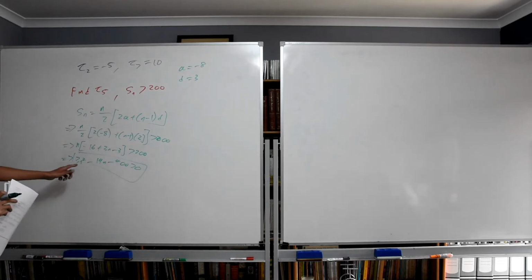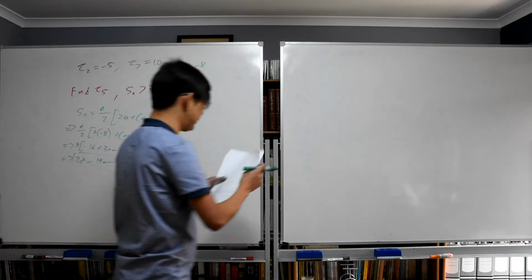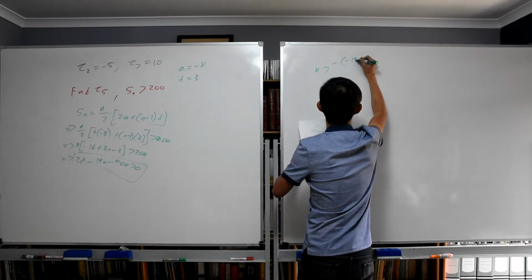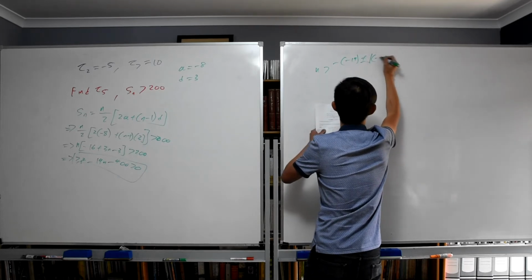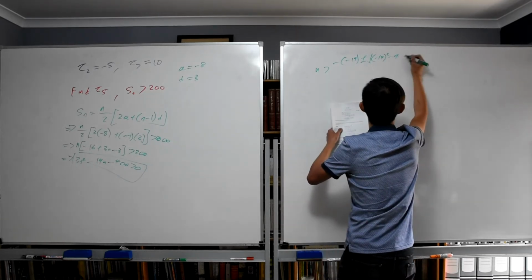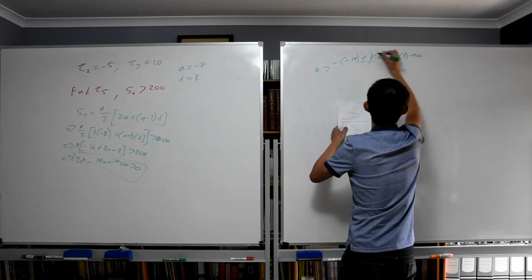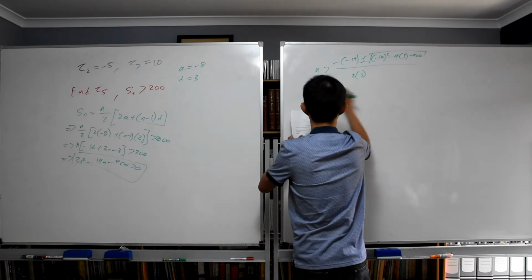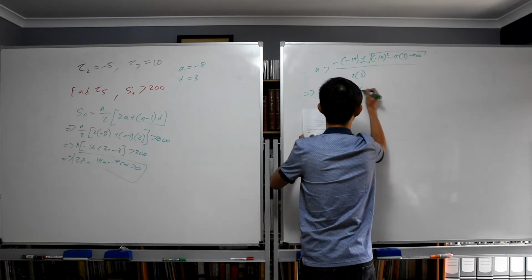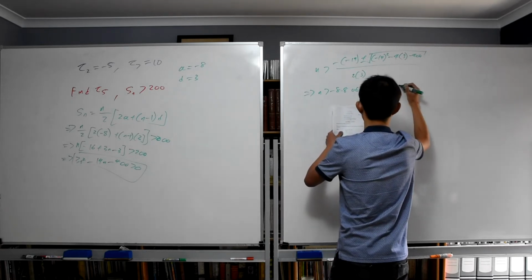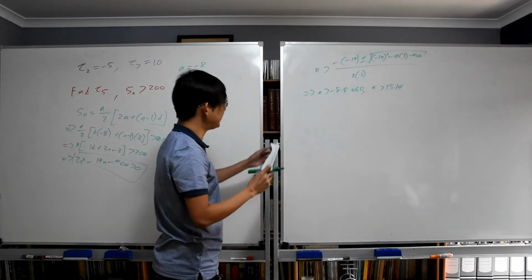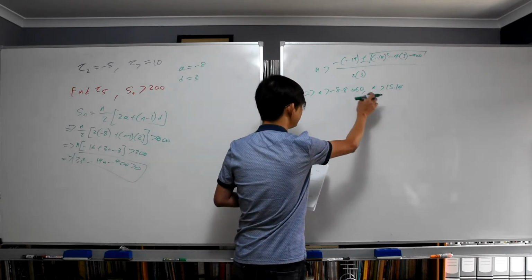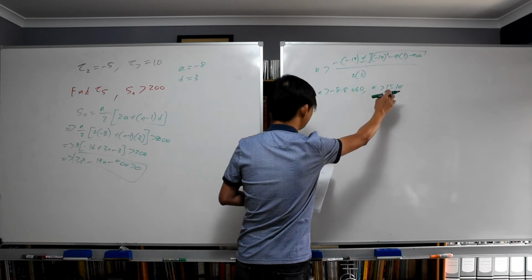Now this is a quadratic in terms of n. Let's just put it in the quadratic formula. We have two potential values, n greater than -8.8060 or n greater than 15.14.